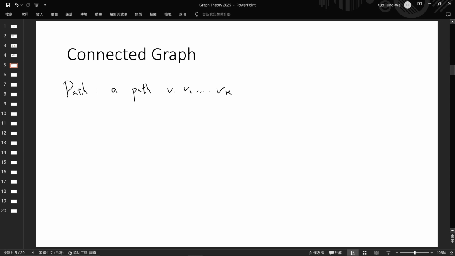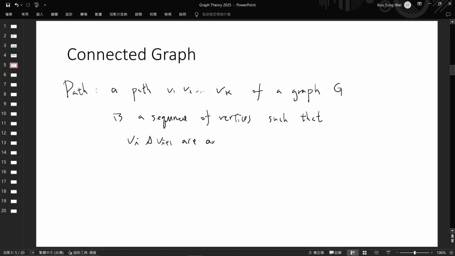The idea is that for every pair of consecutive vertices in the sequence, they are adjacent. By adjacent, I mean there's an edge between these two vertices.